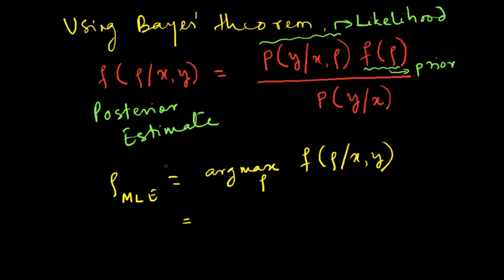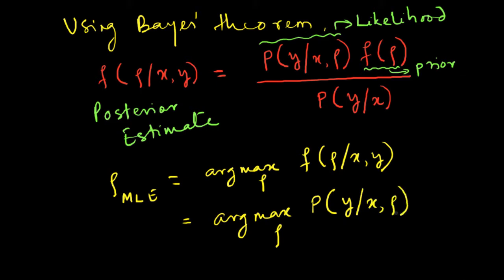So essentially what remains is argmax over rho of the probability of y given x comma rho. So this is what we are going to compute. So this is our basic definition of the maximum likelihood estimation.